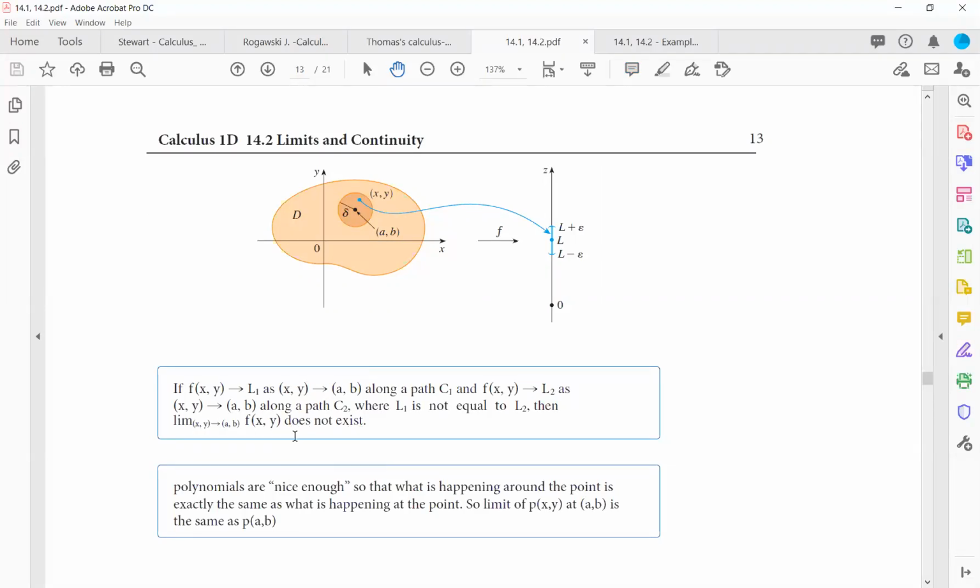But if the limits are the same, it means that the function has a limit at that point. Remember that for some nice functions, like polynomial functions, these functions are always continuous everywhere. So the limit exists and it is equal to the value of the function at that point.